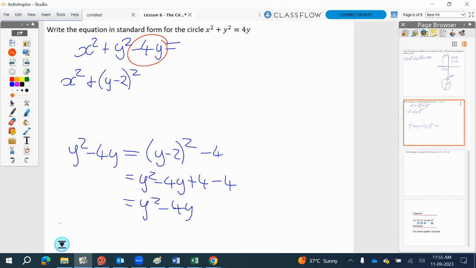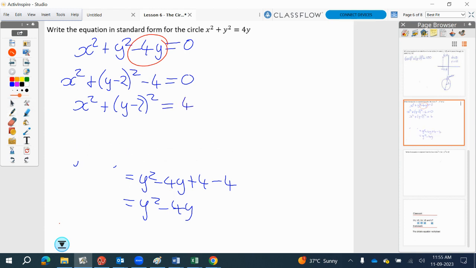So all I have to do here is take away the 4. And now it's balanced. And then I rearrange it. What's the radius of this circle? 2. The radius is 2.